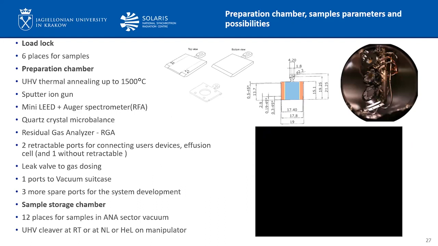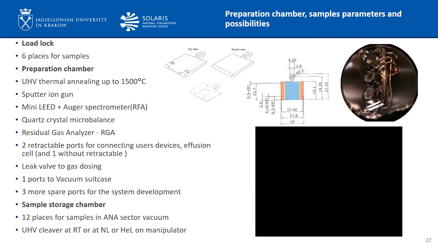Samples can be prepared in situ or delivered in a vacuum suitcase. There are several methods of connecting a vacuum suitcase to the ARPES system, and several proven ARPES-compatible suitcases also. To the preparation chamber can be connected user devices or a vacuum suitcase, as I said.